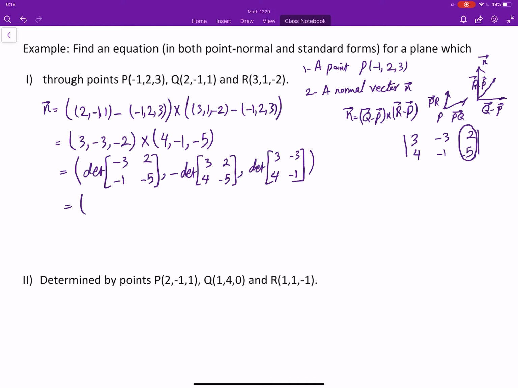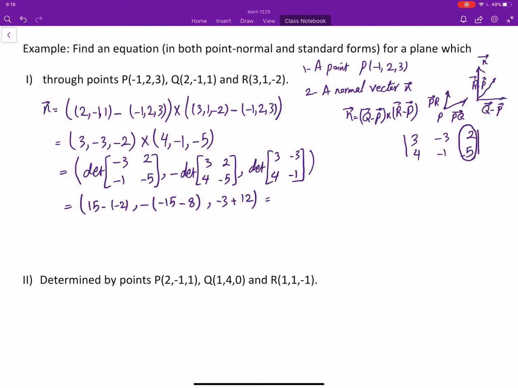This gives us negative 3 times negative 5, 15, minus negative 2 times negative 1, that is 15 minus 2. Then minus 3 times negative 5 minus negative 2 times 4, this is negative 15 plus 8. And then 3 times negative 1 minus negative 3 times 4, this is negative 3 plus 12.